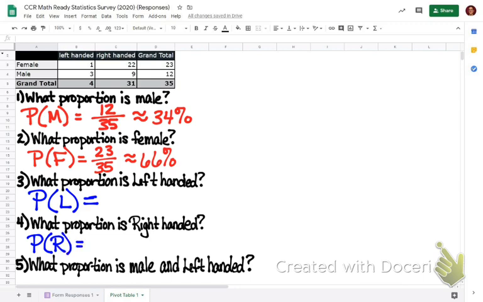And again, we're looking at what proportion out of the whole population, out of everybody that completed this survey, is left-handed. So I know that my denominators on both of these are 35, because that's how many people we had complete the survey. Left-handed people, we had 4, and right-handed people, we had 31.